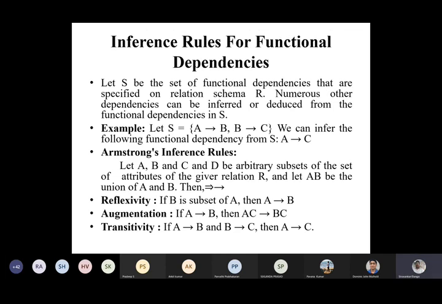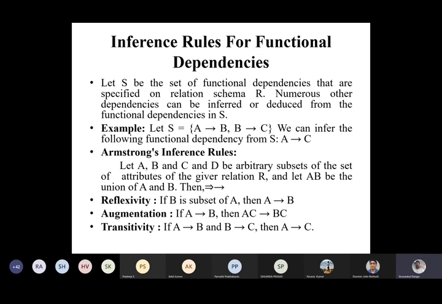So let S be a set of functional dependencies that are specified on the relation schema R. Numerous other dependencies can be inferred or deduced from the functional dependencies in S. For example, you have a set S equal to A determines B, B determines C. So we can infer the following functional dependency: A determines C, right?